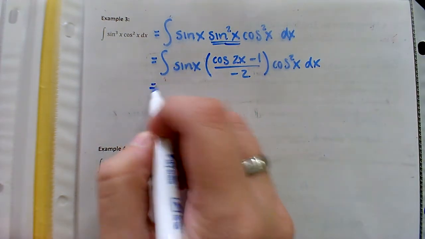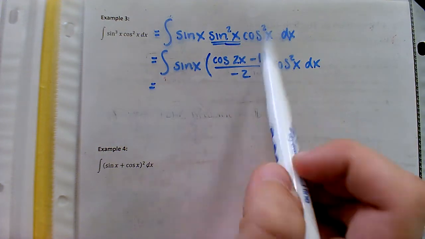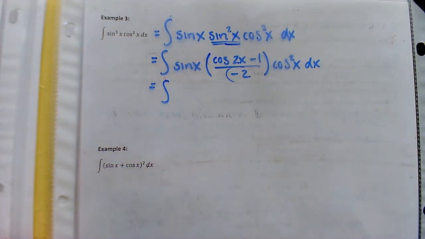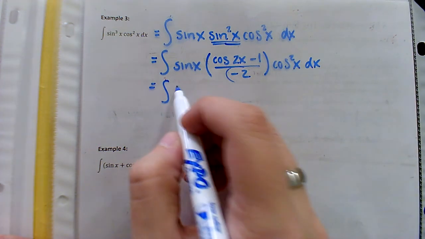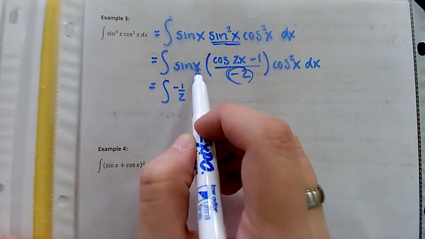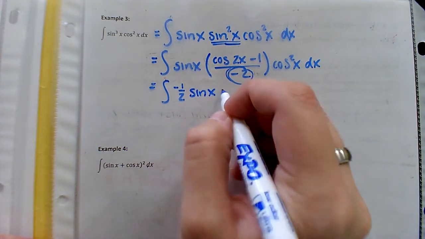Let's see, if we distribute in a sine, and maybe we'll bring out this negative 2 on the bottom as a negative 1/2. So we'd have a negative 1/2 sine x times cosine of 2x.